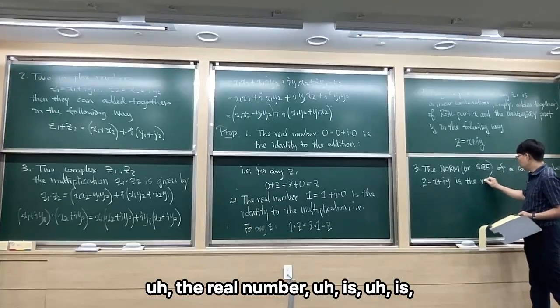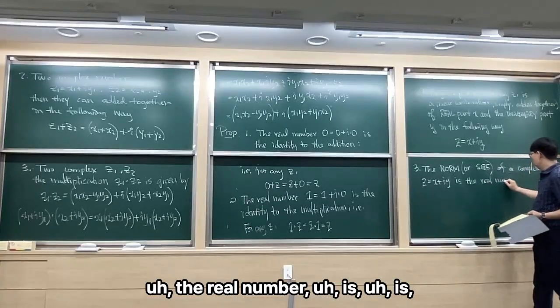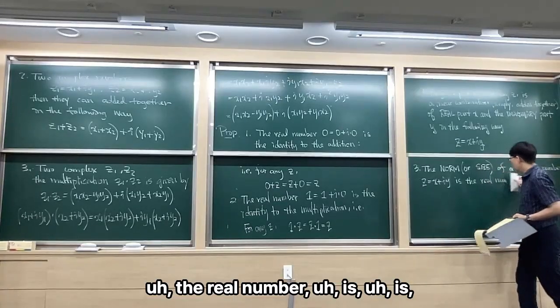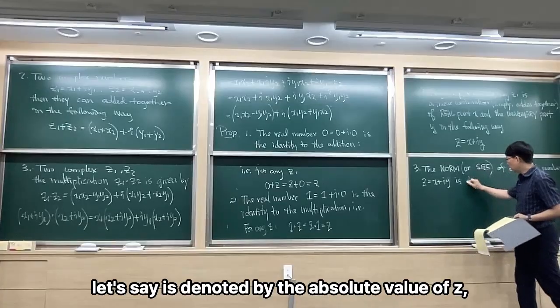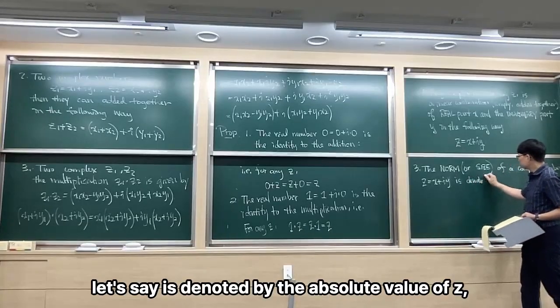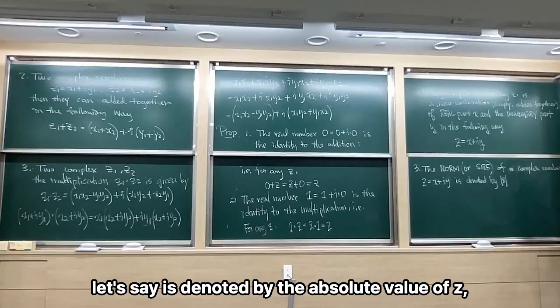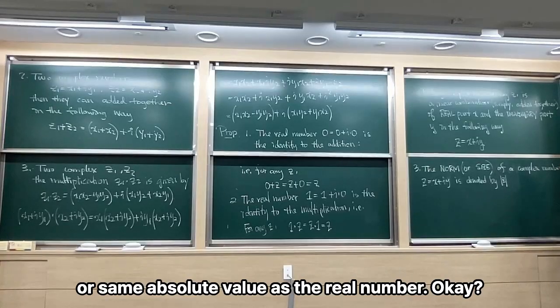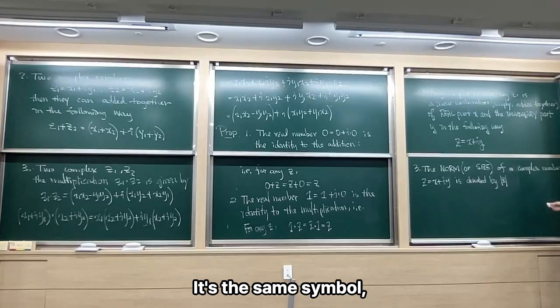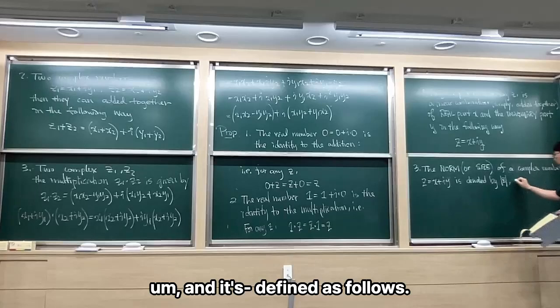the real number, let's say, denoted by the absolute value of z, the same absolute value symbol as for the real number. Okay, it's the same symbol, and is defined as follows.